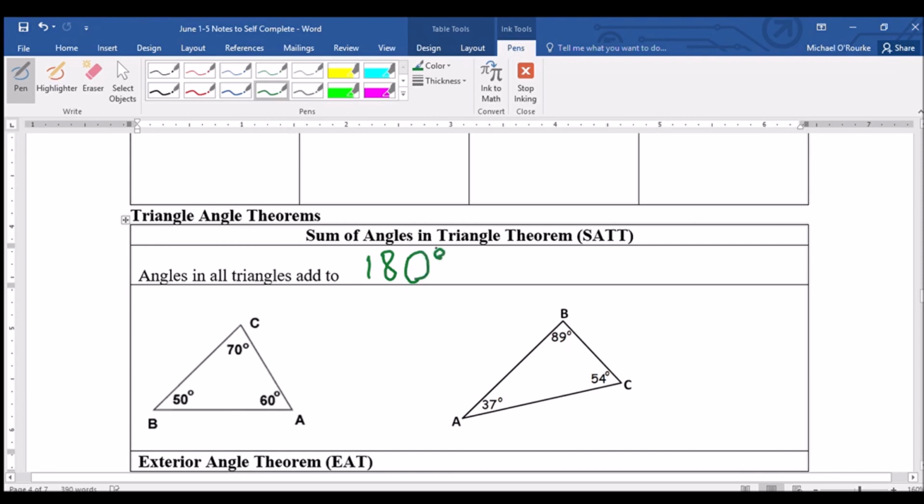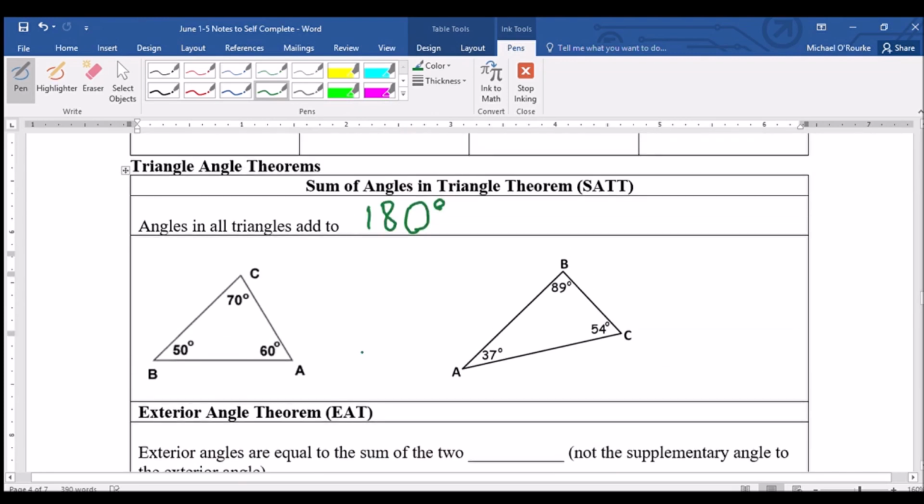So in this case, if I added up 70 plus 60 plus 50, it's going to equal 180. 60 plus 50 equals 110. 110 plus 70 equals 180.